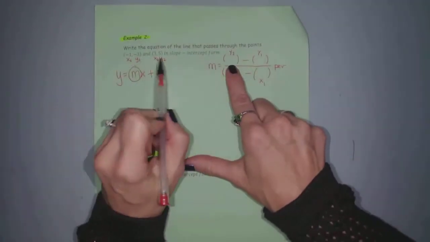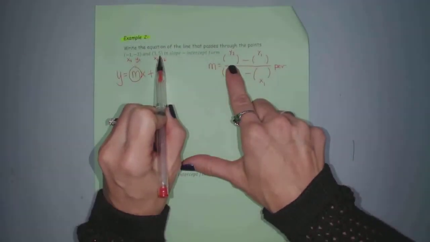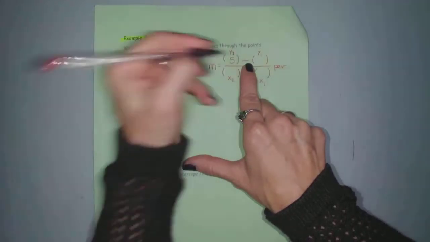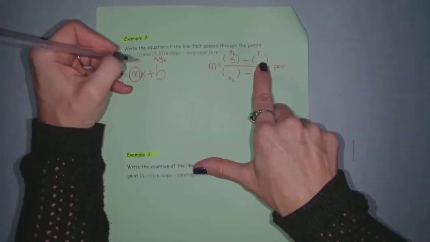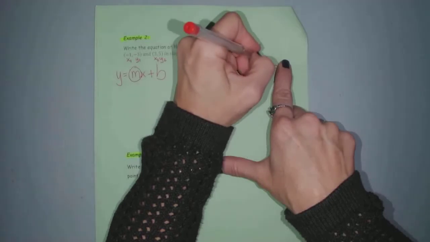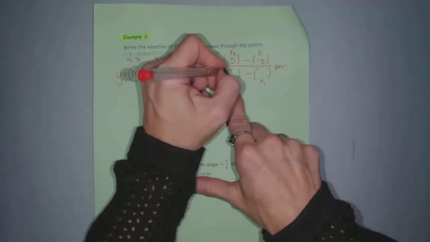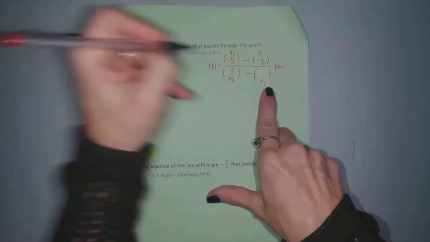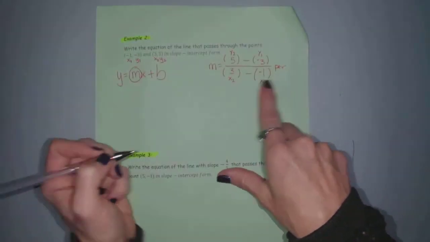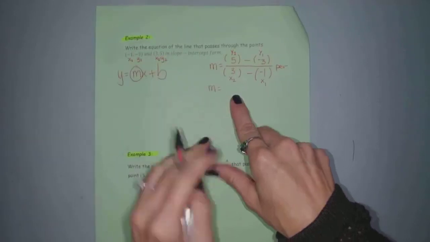So let's follow it. Y sub 2 right here, 5. Put it in. Y sub 1 right here, -3. X sub 2, 3. X sub 1, -1. Now we do the math.